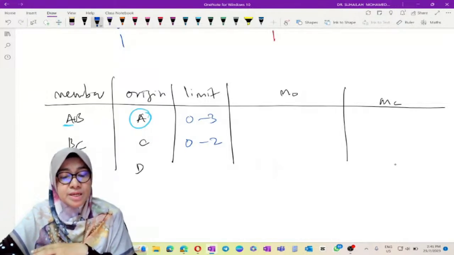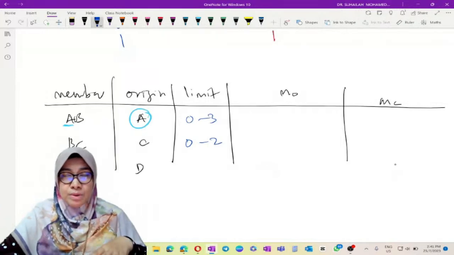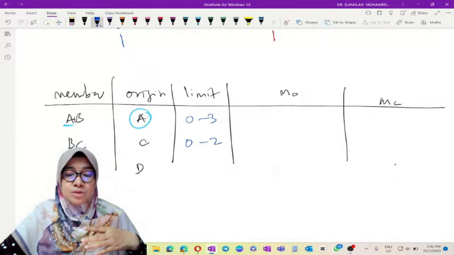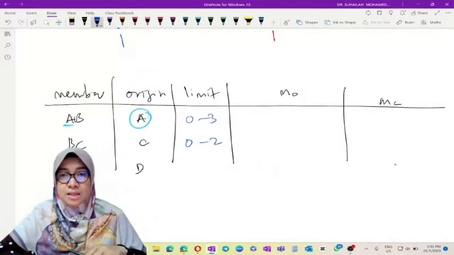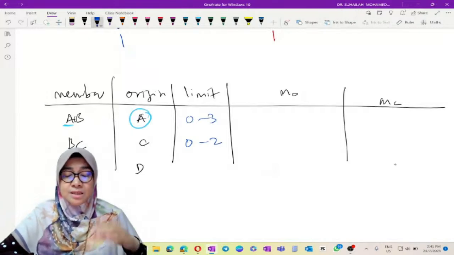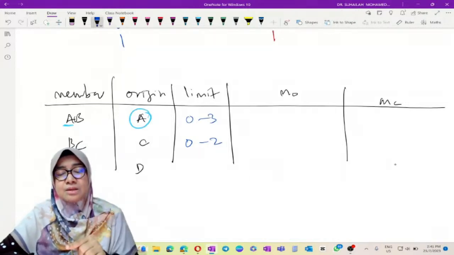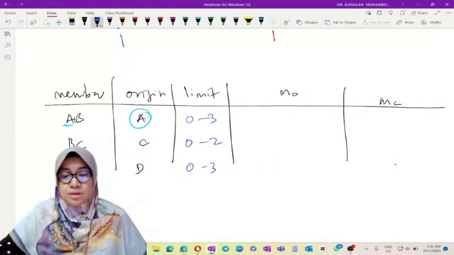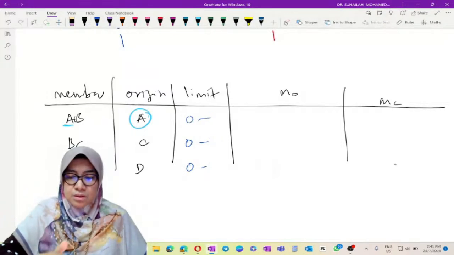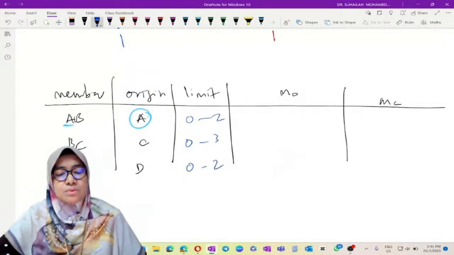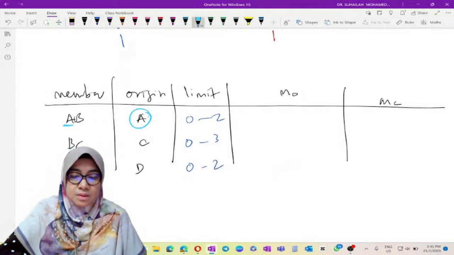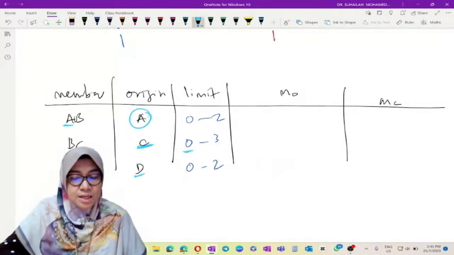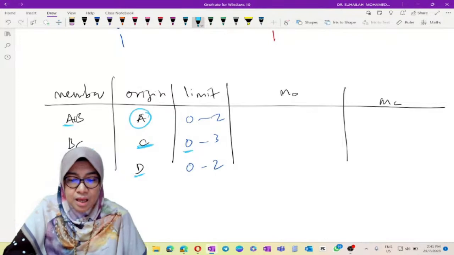If D is the origin but we write the moment equation for member BC, in that case the limit does not start from 0. For CD, D is the origin, and again it is from 0, 2 to 3... because this is C, start from 0, this is D, start from 0.